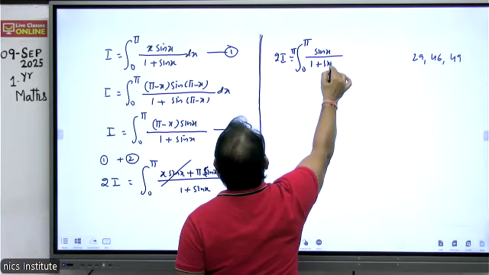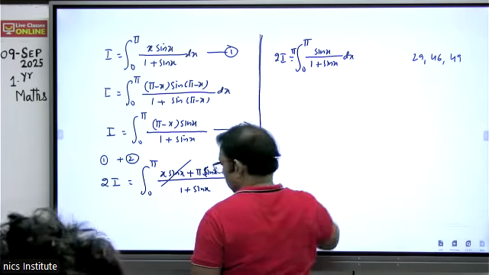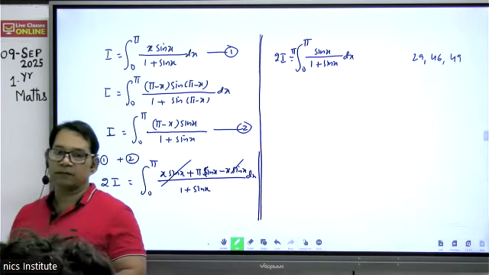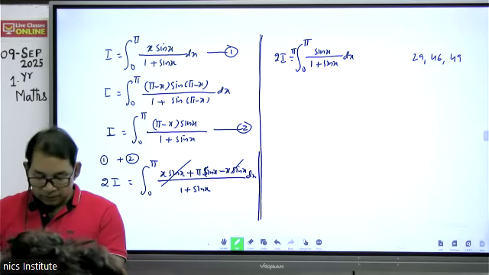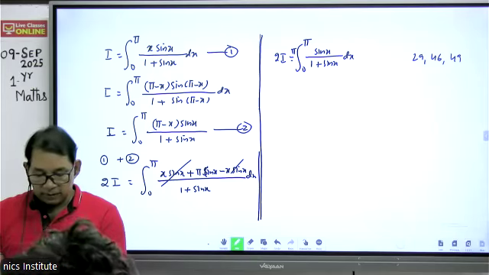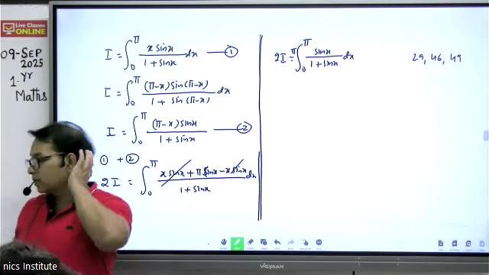Now what? Rationalize. Rationalize would be easier. You have to rationalize by 1 minus sine x anyway. So straight away rationalize the denominator.